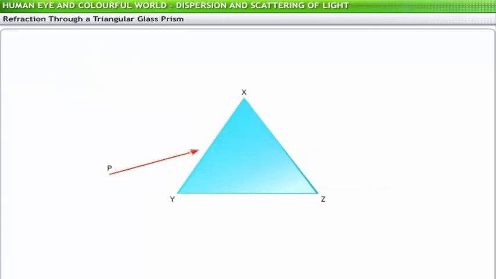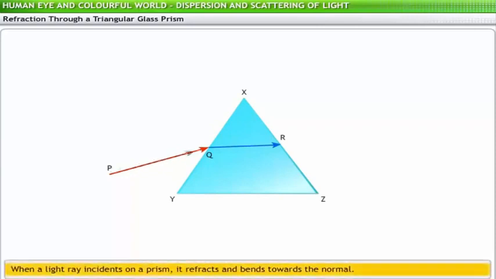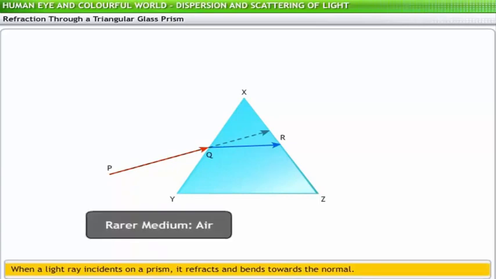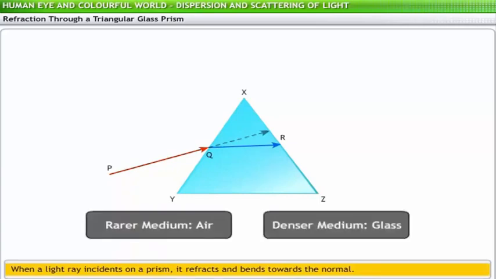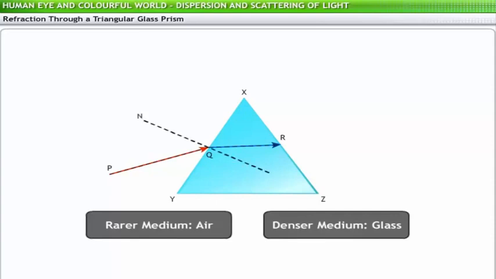When the light ray PQ incidents at Q on the face XY of the cross-section XYZ of the prism, it refracts and propagates forward inside the prism. As the light ray passes from a rarer medium, which is air, to a denser medium, which is glass, it bends towards the normal.